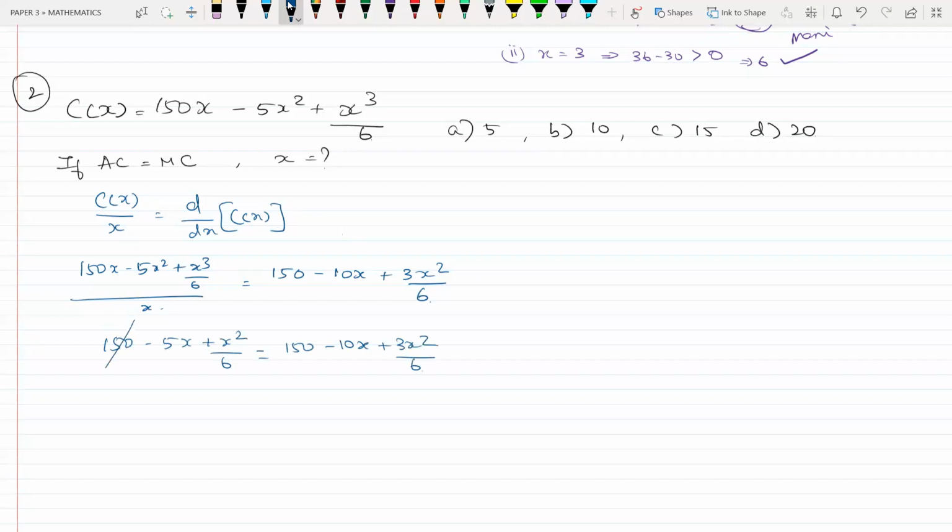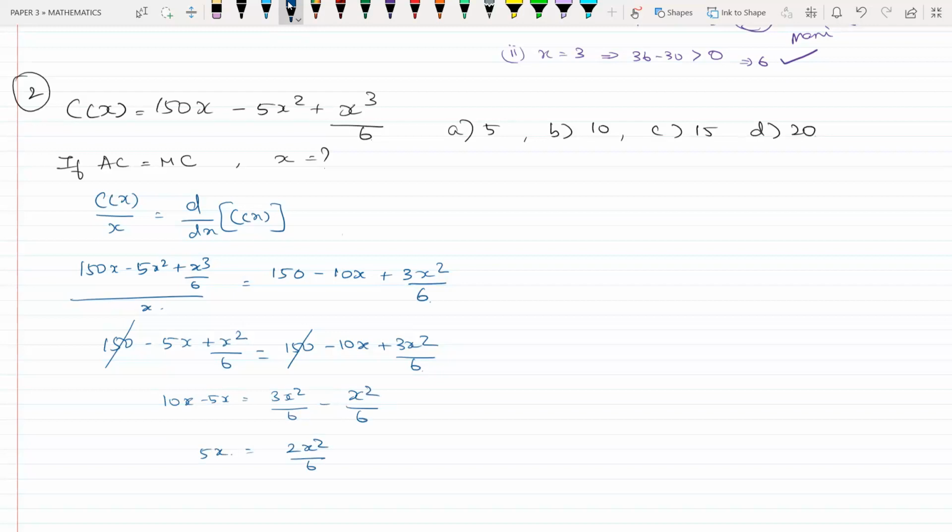The 150 will get cancelled. 10x minus 5x is equal to 3x² by 6 minus x² by 6. Don't cancel it; take the LCM again. Keeping the same denominator, it will be 2x² by 6, and that equals 5x.